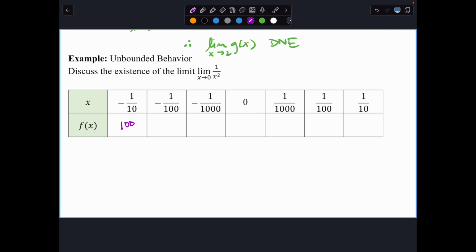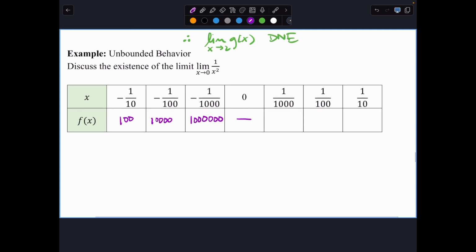So 100, 10,000, 1,000,000, undefined, 1,000,000, and symmetric to the left and the right, these values. Even function.